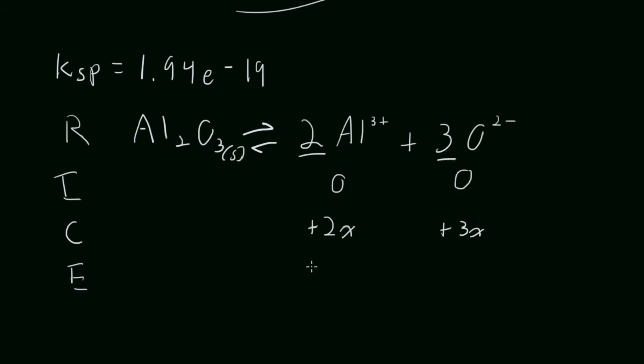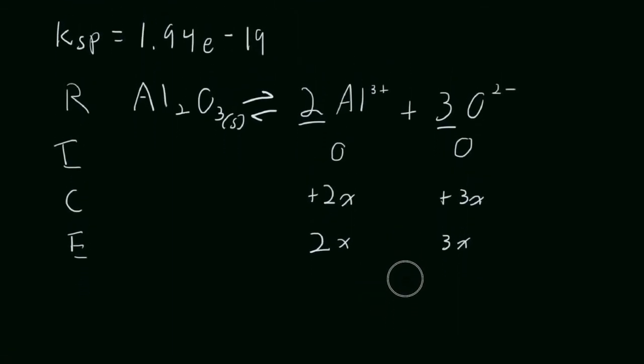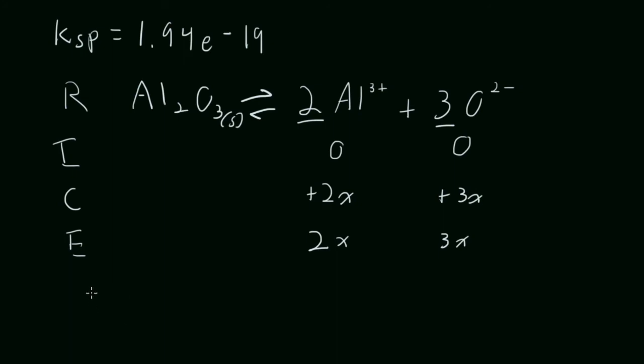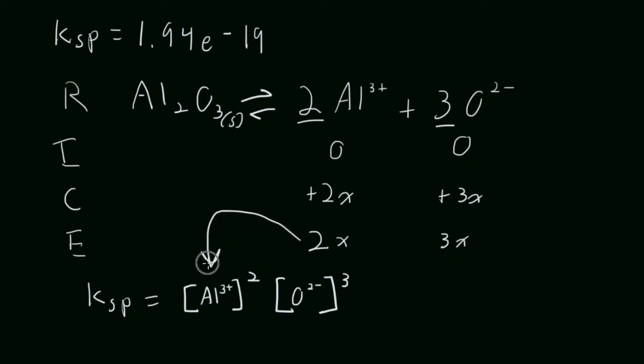My final equilibrium concentration for aluminum will be 2x. Final concentration for oxygen will be 3x. So when we put our KSP equilibrium together, we get aluminum 3 plus squared times O2 minus cubed. And so we're going to take the 2x and plug it in for the aluminum 3 plus, and the 3x we're going to plug in for oxygen 2 minus.